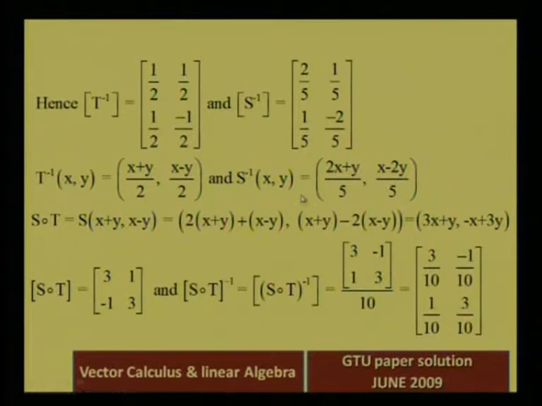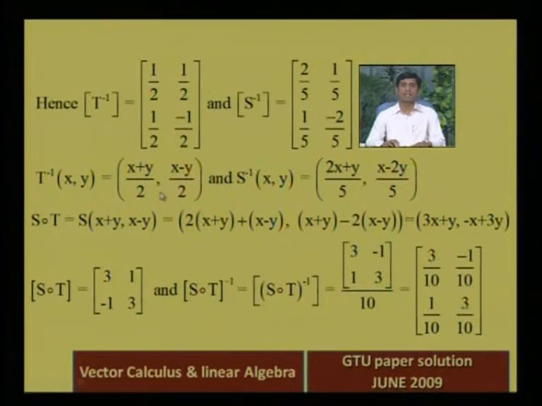Now S inverse (x,y): the first row is 2 by 5, 1 by 5, so we write 2 by 5 x plus 1 by 5 y, that is 2x plus y by 5. The second row is 1 by 5, minus 2 by 5, so we write 1 by 5 into x minus 2 by 5 into y, that is x minus 2y by 5.